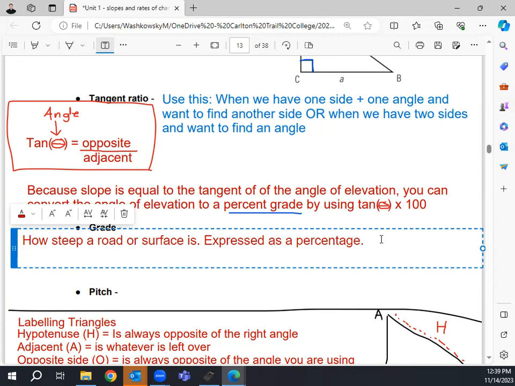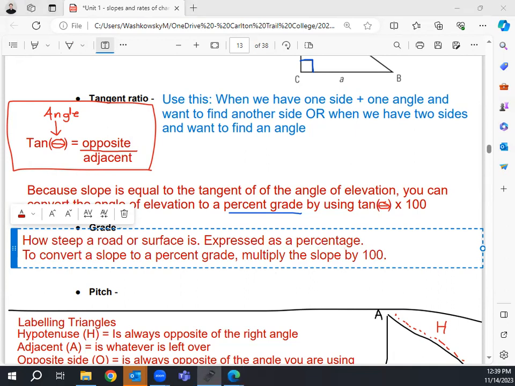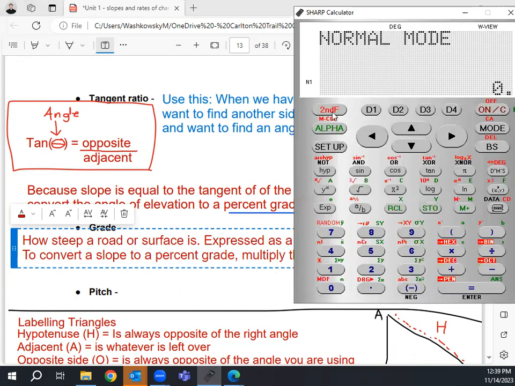So how do you find how steep something is, specifically as a percentage? Well, to convert a slope to a percent grade, multiply the slope by 100. And that's it. So if I have a slope of, I don't know, 3/4 or something, that's a bad example.